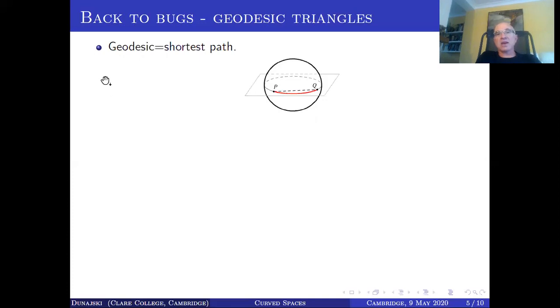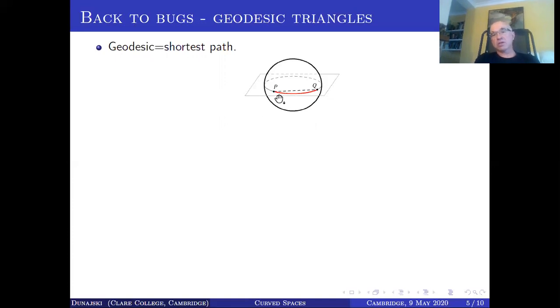So a geodesic on the surface, the geodesic between 2 points, is the shortest path, if one exists, connecting these 2 points. For example, on the surface of a sphere, a geodesic is a part of a great circle. This is like an equatorial circle, which you'll obtain by intersecting a sphere with a plane which goes through the center of the sphere.